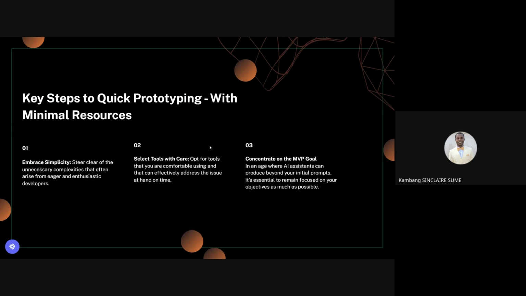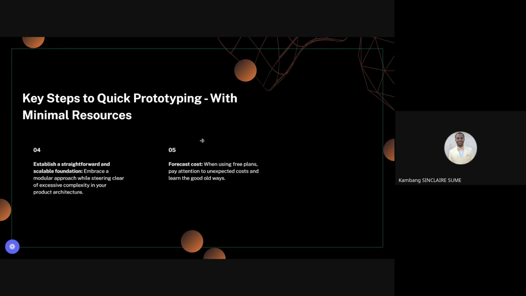So these are quick prototyping tips when you are considering building your MVP with coding tools. The fourth thing I want to admonish when you are considering building your MVP with coding tools is establish a straightforward and scalable foundation.